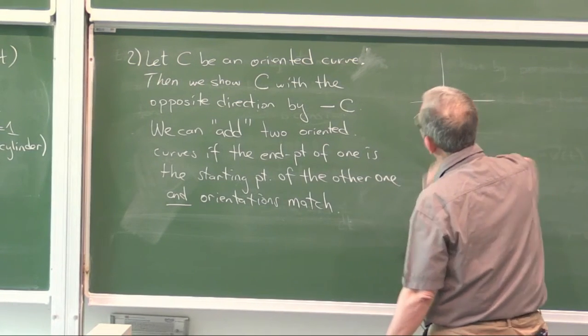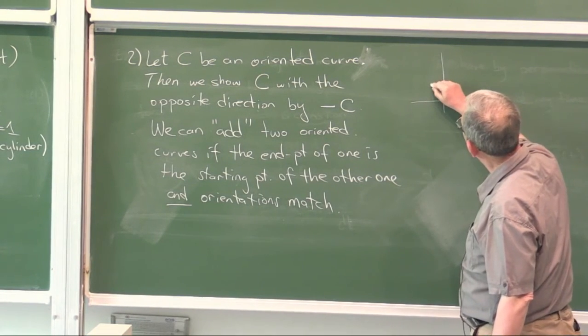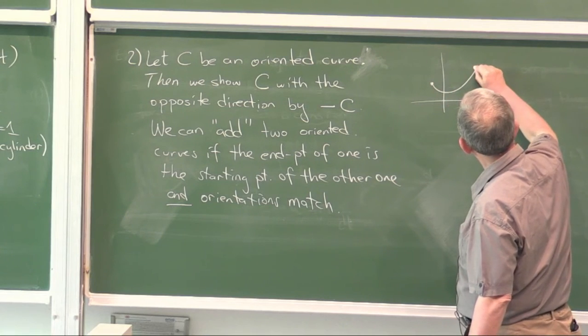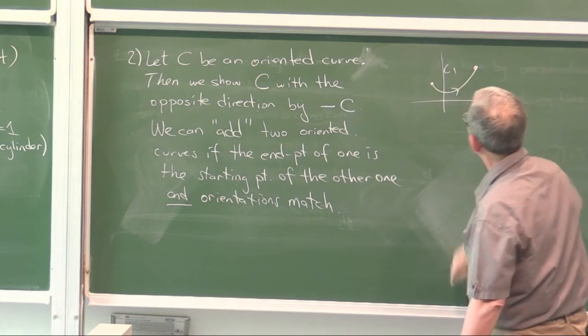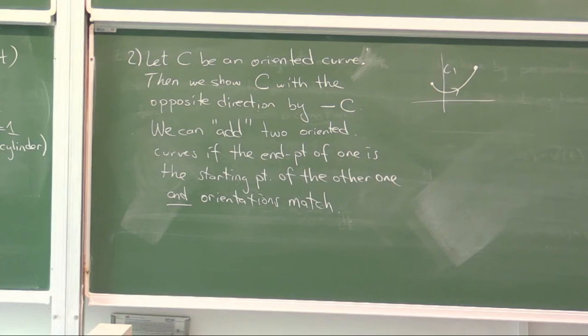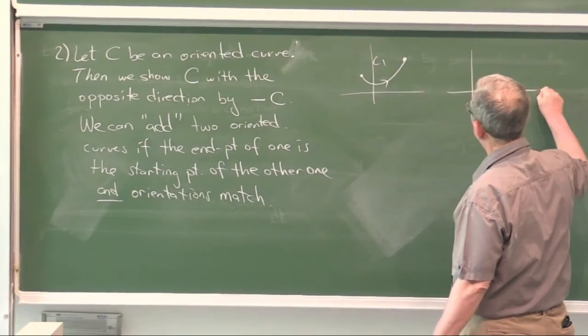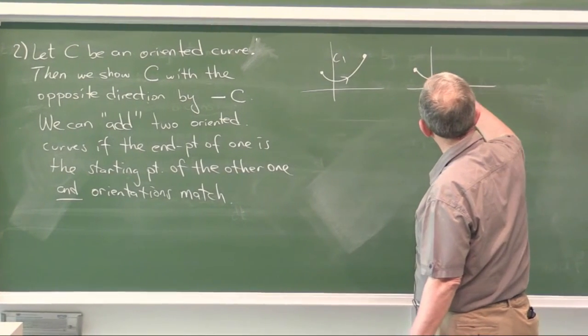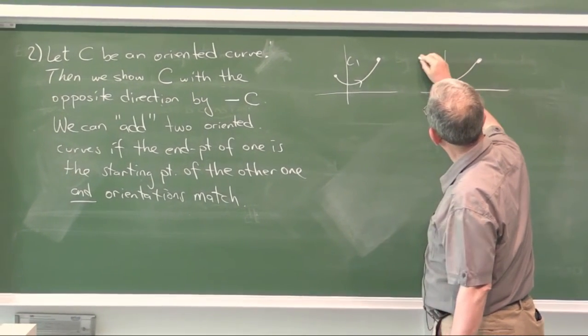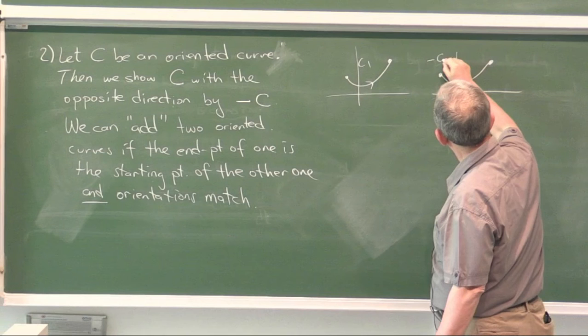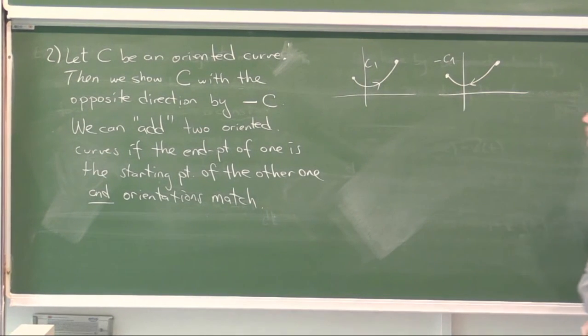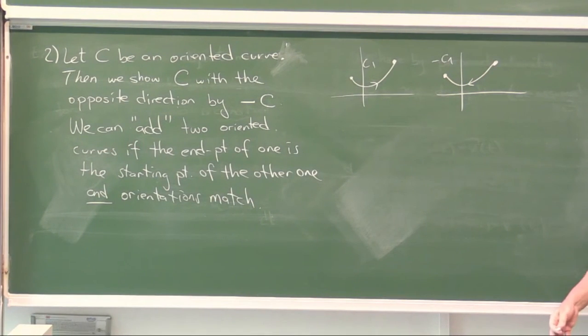For example, in R2, say this is a curve C1 with this orientation. It's an oriented curve. Then, of course, the same curve with the opposite orientation would be called minus C1.